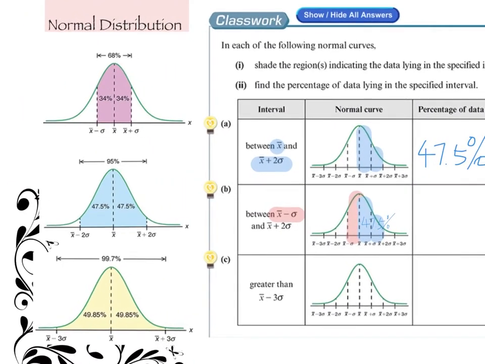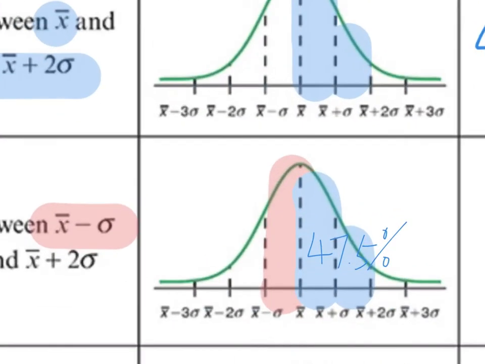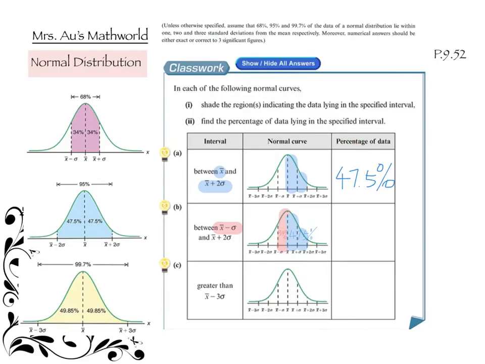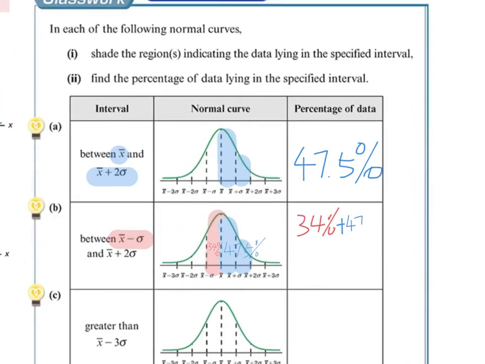And for between 1 SD it is 34%. That means we have to add them. So you get 34% plus 47.5% to get 81.5%.